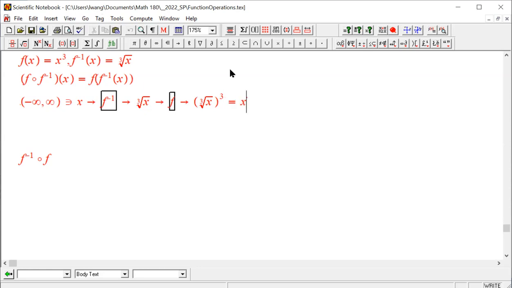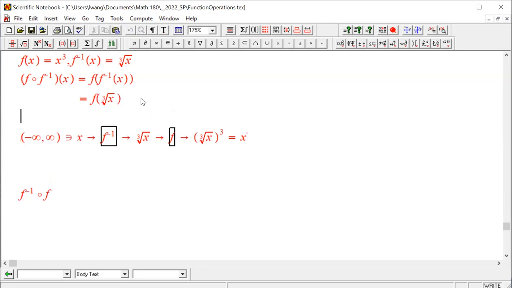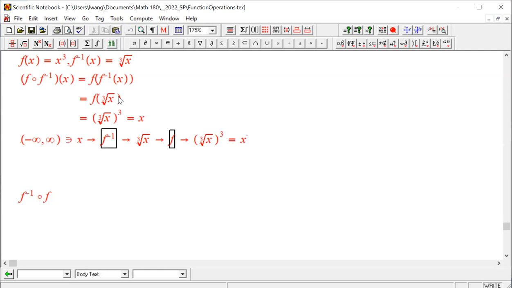This equals x. So on both operations, f of f inverse, that's the cube root of x, and then we power it by 3, and the final answer is x.